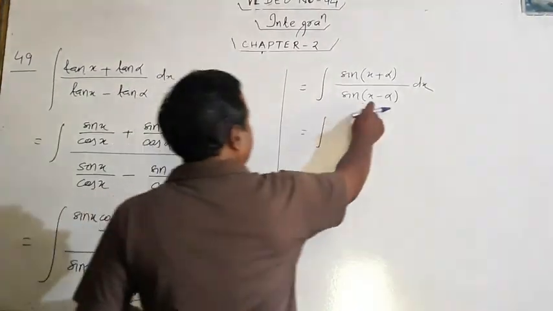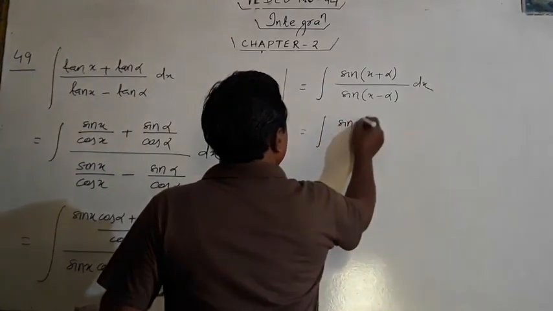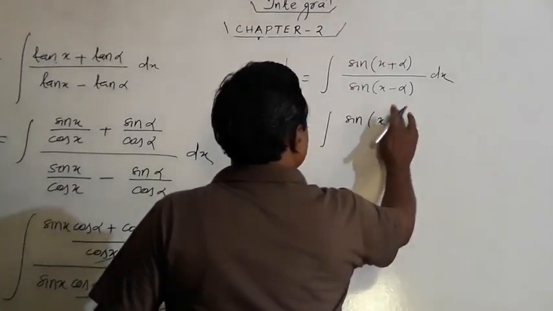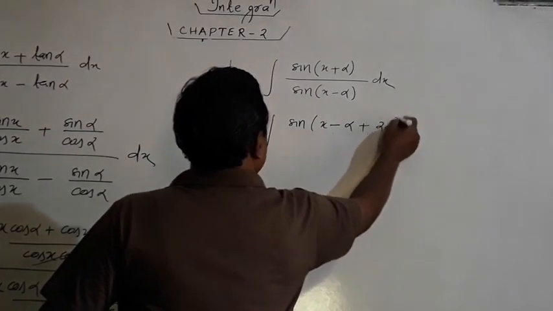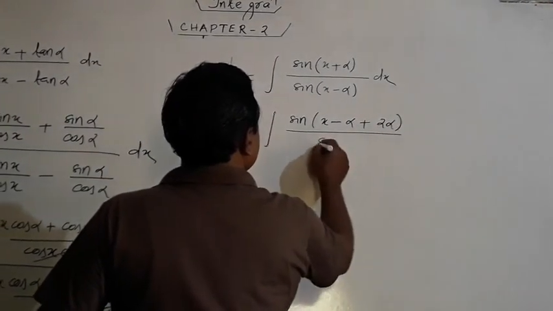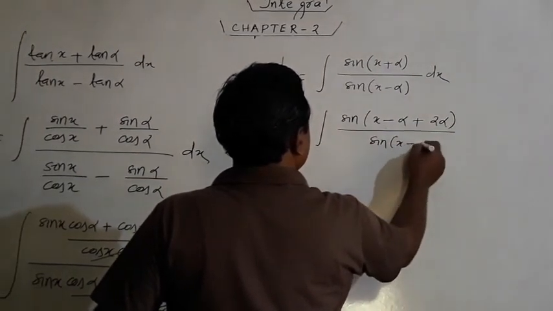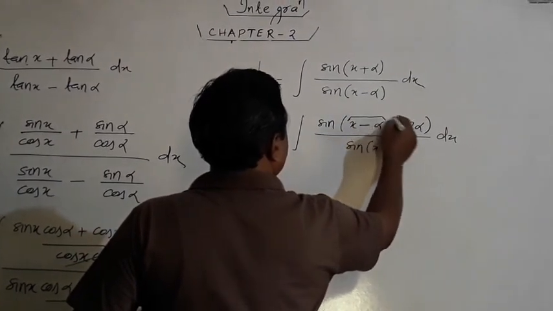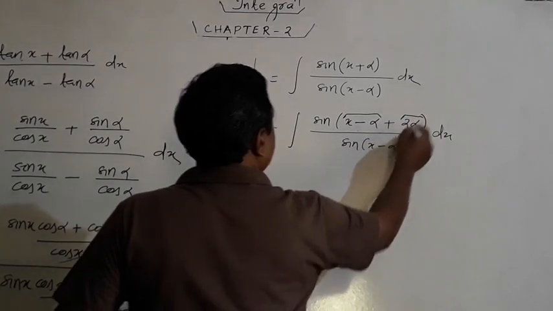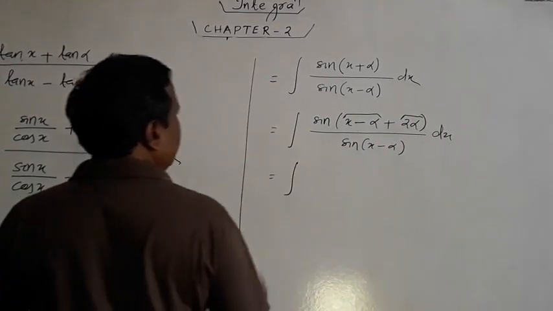Then looking to denominator, you have to write x minus alpha plus 2 alpha divided by sin x minus alpha dx. Taking this two parts, it is what? Sin a cos b.